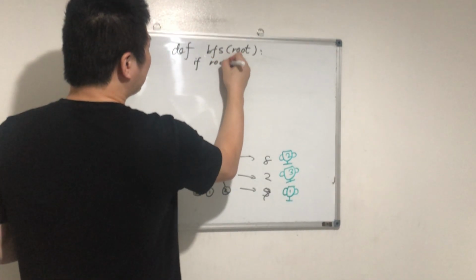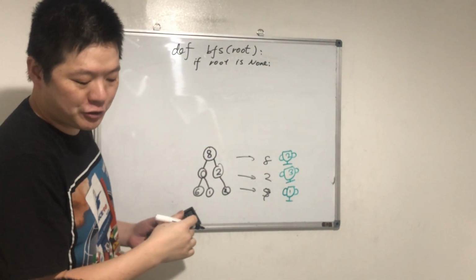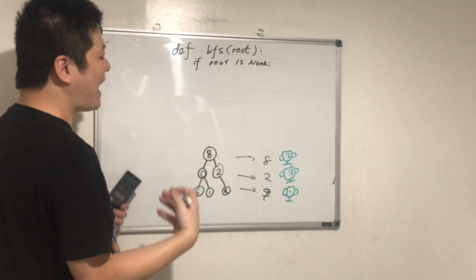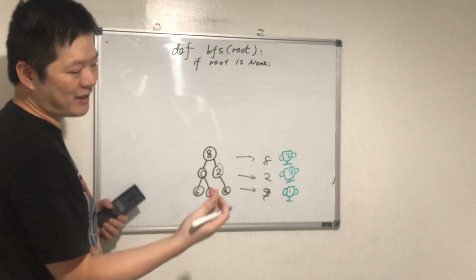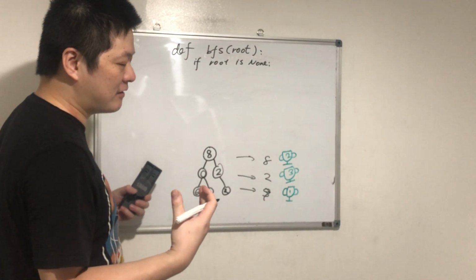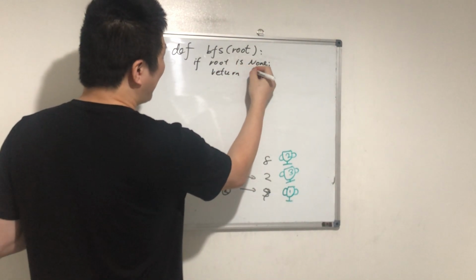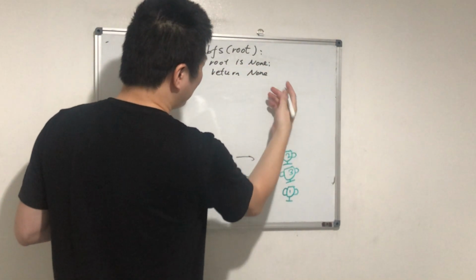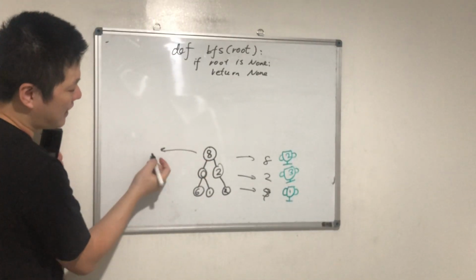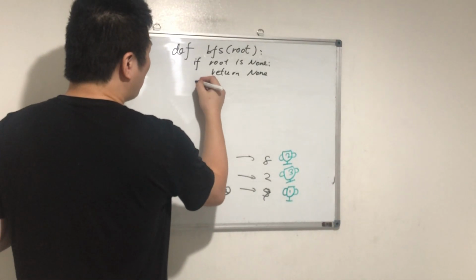If root is none, which is a special case of a binary tree, we can argue the result is 0 or nothing, because we are returning the level, and an empty tree does not have any level. So we return none, which is better. Remember, the root is at level 0, okay?